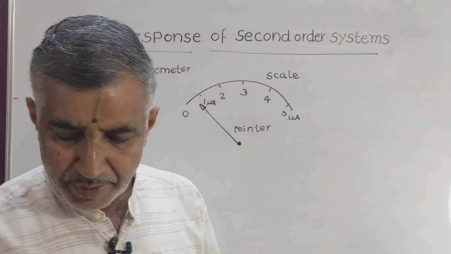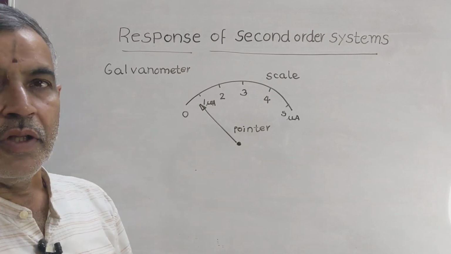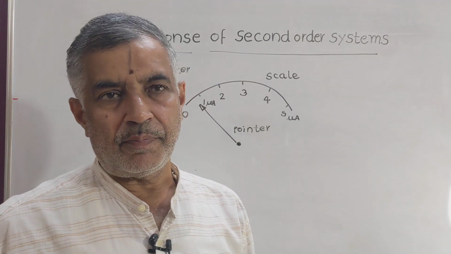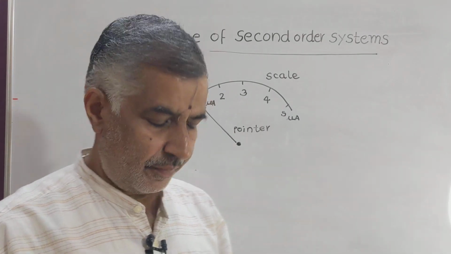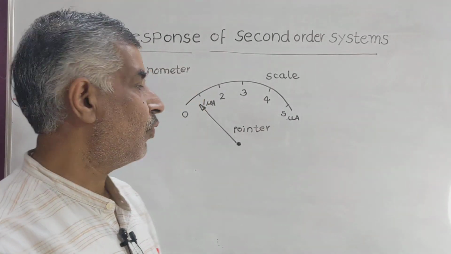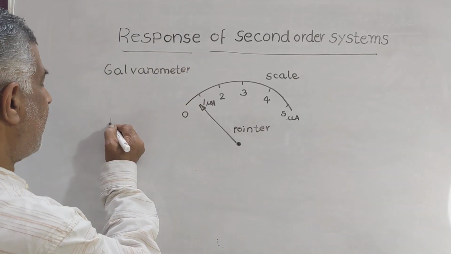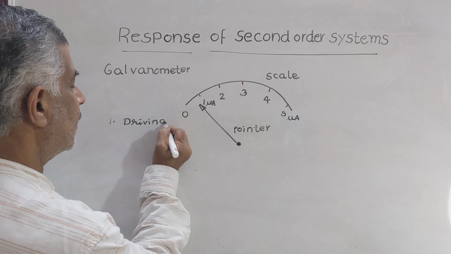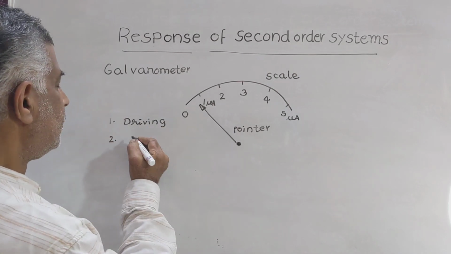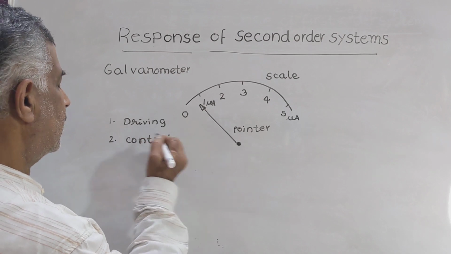Now I am going through the basics which is required for this topic. So in instruments, there are three types of forces that act. There are three types of forces or three types of torques. Number one, driving torque or driving force. Number two, control force or control torque.